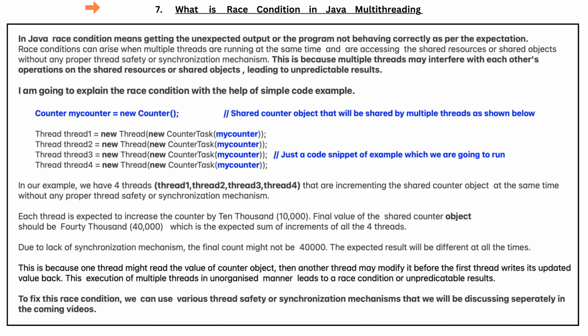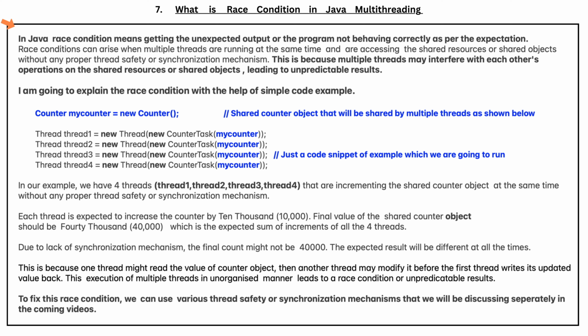In this video, we are going to look at what is race condition in Java multithreading. In Java, race condition means getting the unexpected output or the program not behaving correctly as per the expectation.